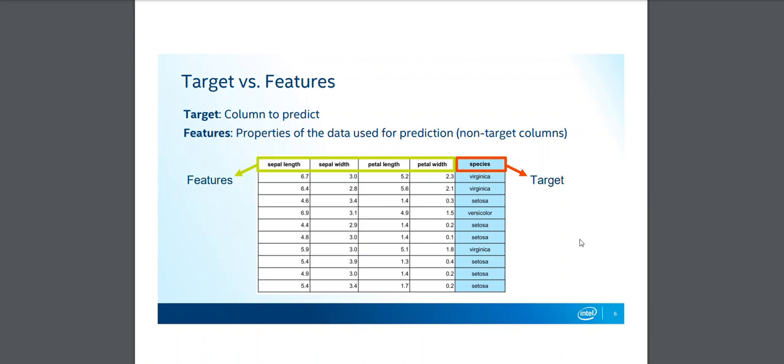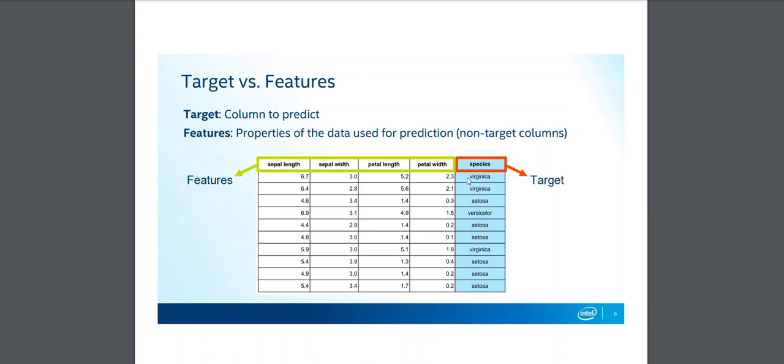And the iris data set has three different types of iris flowers, or iris, the plant itself. And in that data set, we have different measurements of the flowers themselves: the sepal length, the sepal width, the petal length, the petal width, and then we have known values.